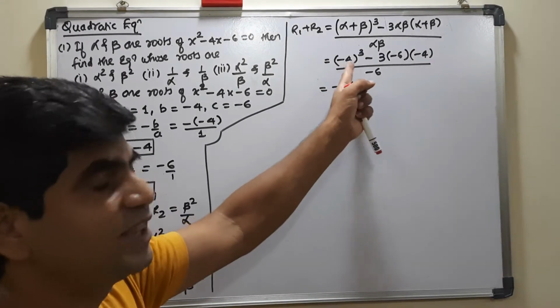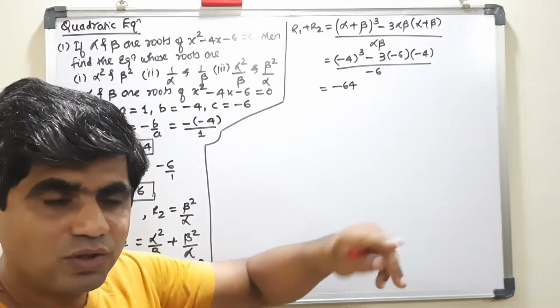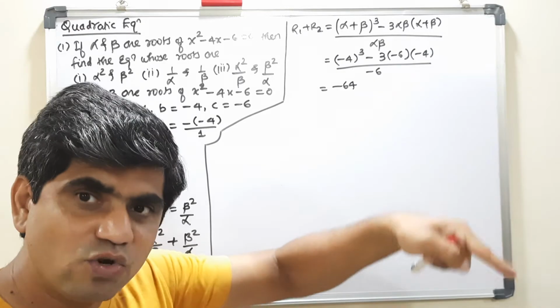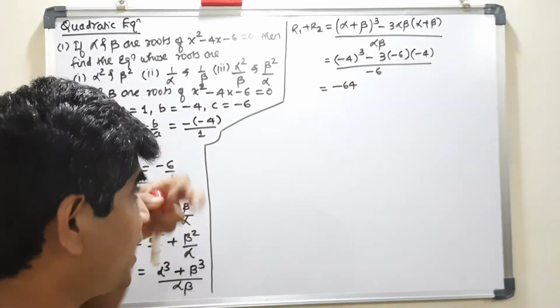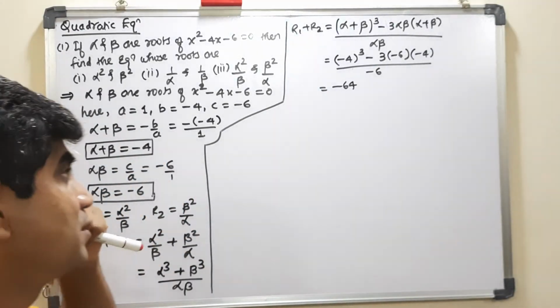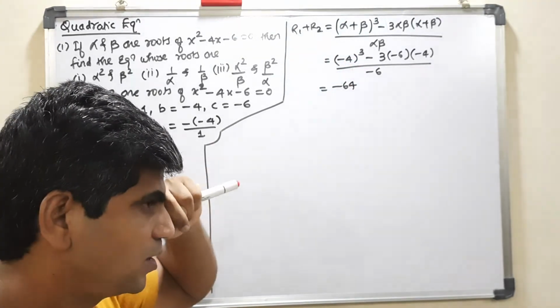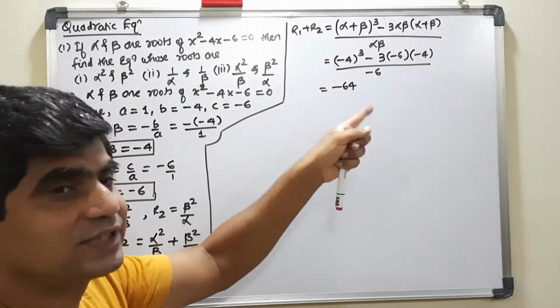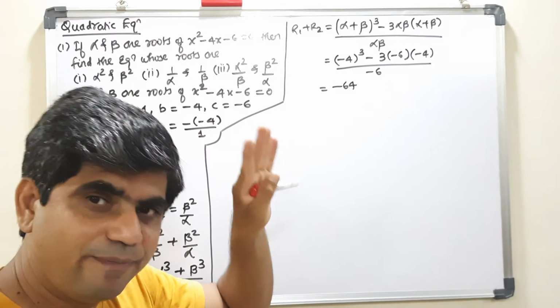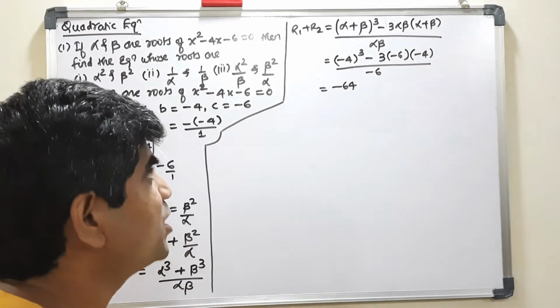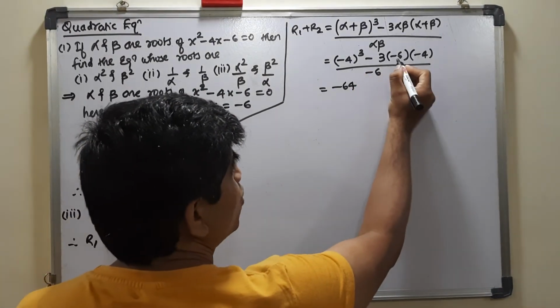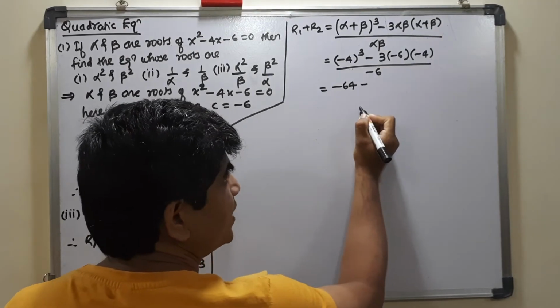And see, there are 3 negative signs. So minus into minus into minus. And if you remember, I have told you, whenever you see the power, if the power is odd on a negative, the negative sign remains. If it is even, then only the negative sign becomes positive. Now here 1, 2 and 3 negative signs, the minus will remain here.